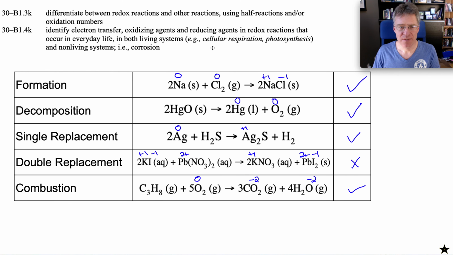And then you don't really have to memorize anything, but you do have to be able to connect redox chemistry to living systems, be it cellular respiration or photosynthesis. But you can really just apply the skills that you've learned in general to these. So I wouldn't start memorizing things, I would just apply.